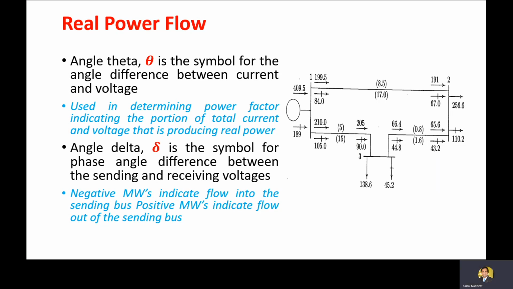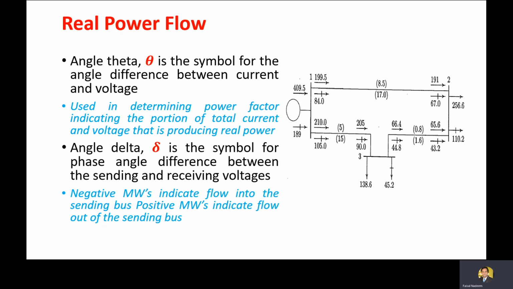Angle theta is the symbol for the angle difference between the current and voltage. This should be kept in mind: angle theta is the symbol for the angle difference between the current and the voltage, and it is used in determining power factor, indicating the portion of the total current and voltage that is producing real power.